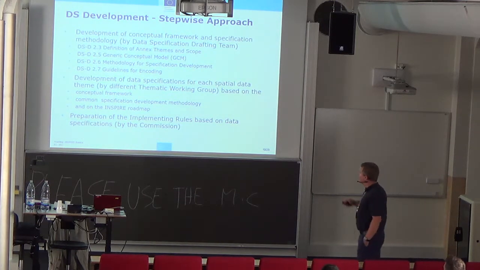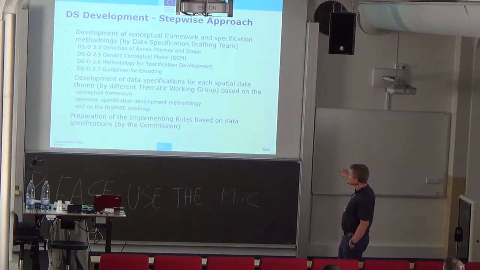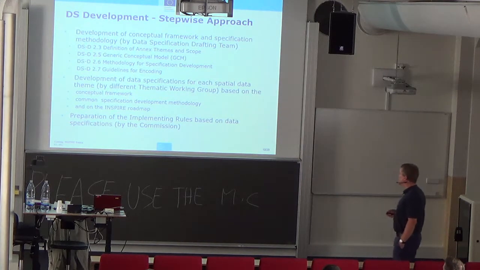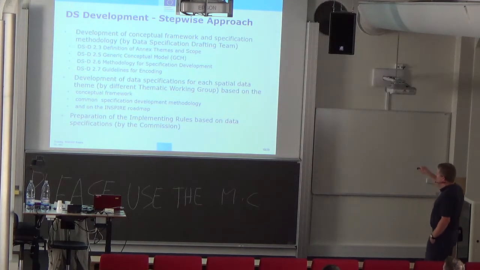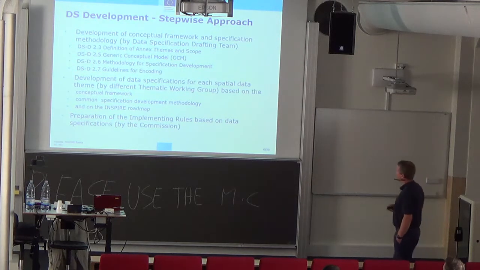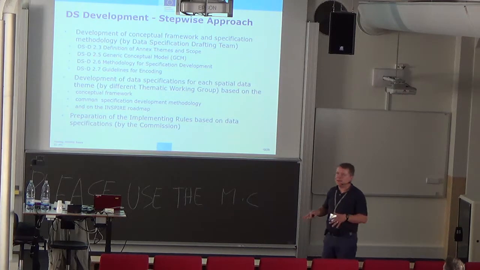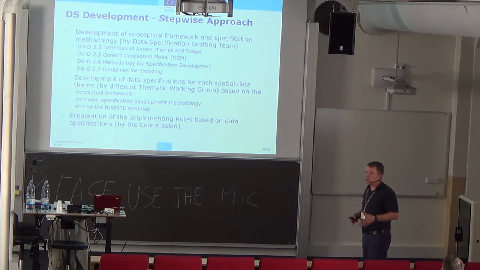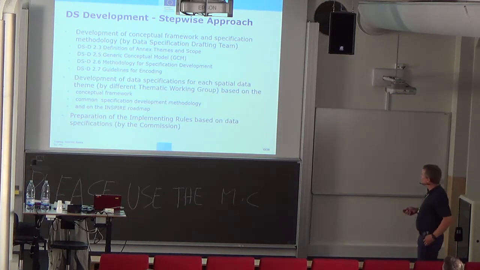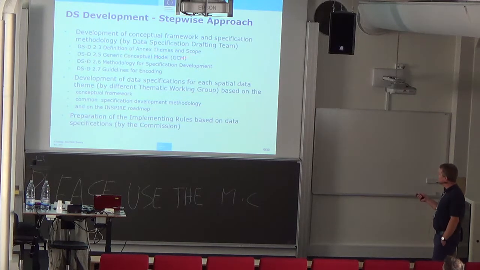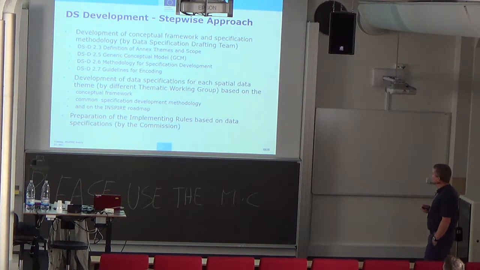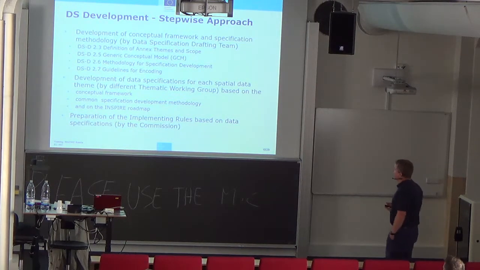There are several documents, you can find them here, DSD 2.3 up to 2.7. There are also some other documents, and these were really a kind of basis in the development of those data specifications. For example, the definition of Annex themes and scope, the generic conceptual model, the methodology for specification development, and guidelines for the encoding.